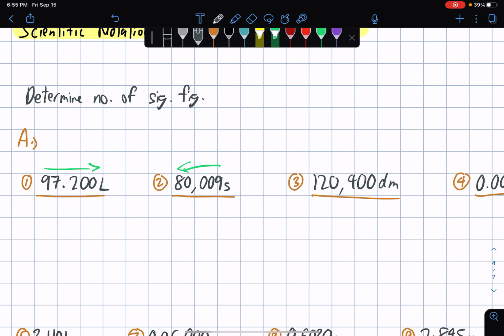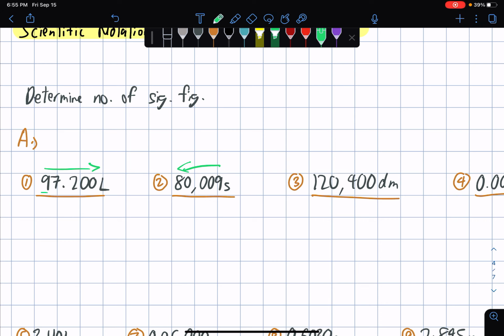In number 1, we have 97.200 liters. If you want to determine the number of significant figures, reading to the right, all numbers that are not zero are significant.